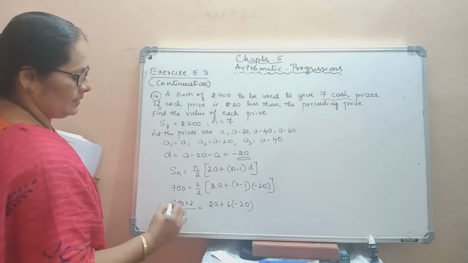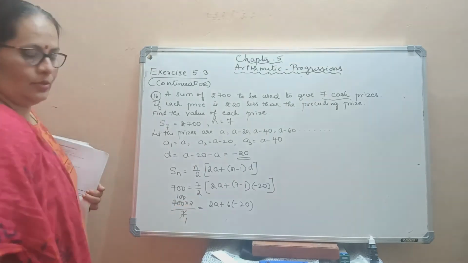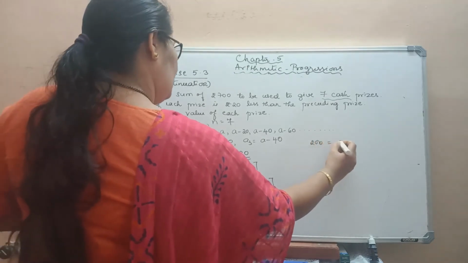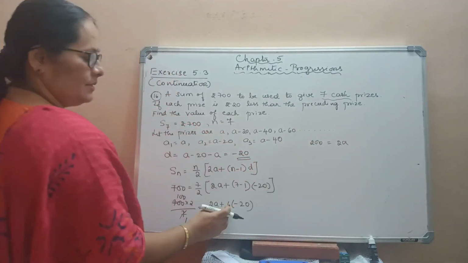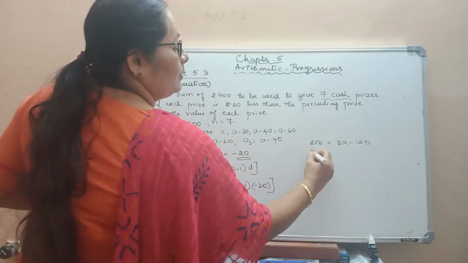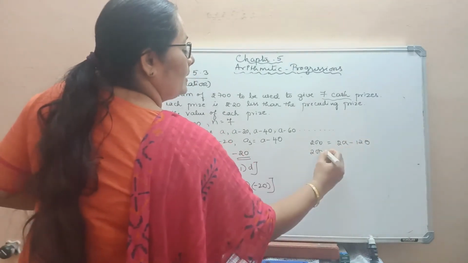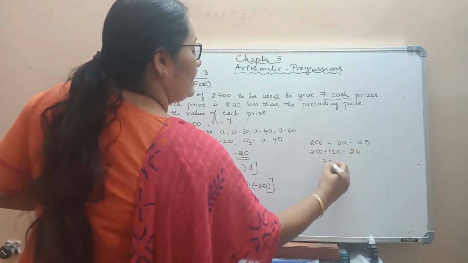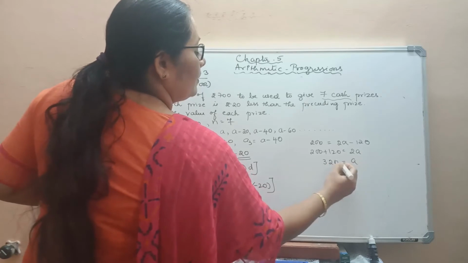So 7 ones are 700, so 100 into 2 is 200 equals 2A plus 6 twos are 12, minus 120. So 200 plus 120 equals 2A, that is 320 equals 2A.